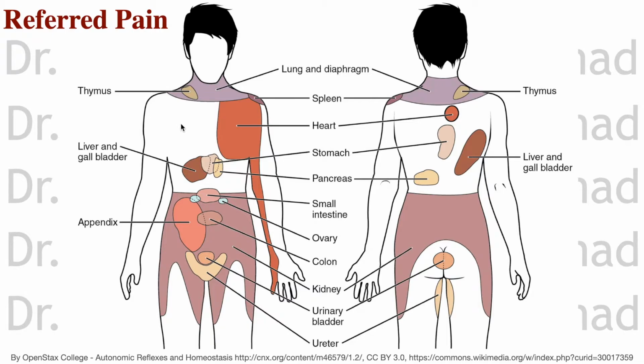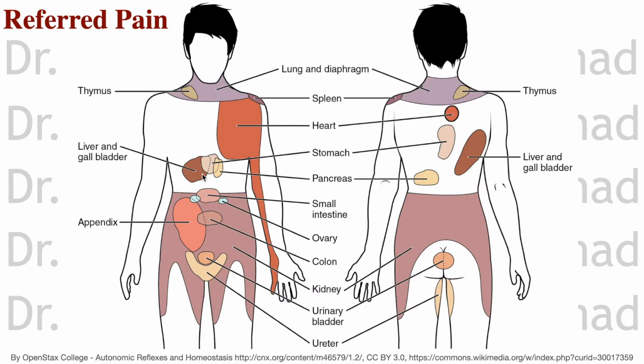We have what's called referred pain along spinal cord segments, but because the plexus is formed, there is exchange of information between different levels of the spinal cord. The pain doesn't have to be over the organ the piece of skin lies upon.